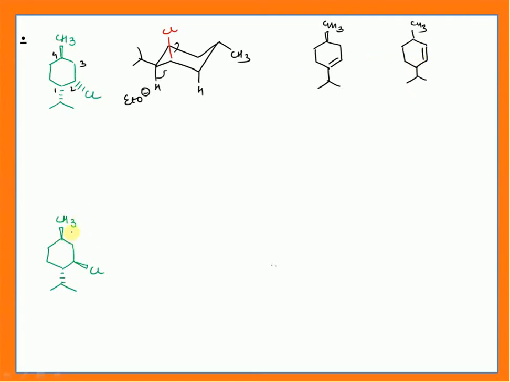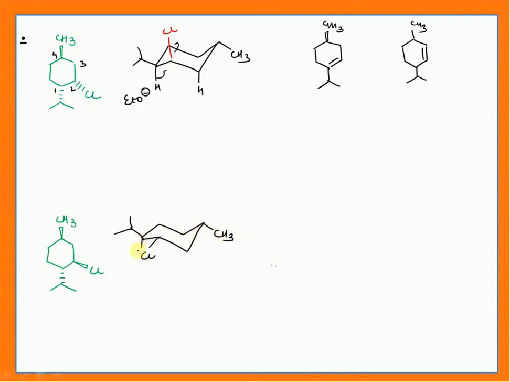But in this case, if you write it down in chair form, these two groups are now trans to each other. So if it is equatorial in nature, then it will also go equatorial like this. And these two are same as before. So this methyl group will go like this.